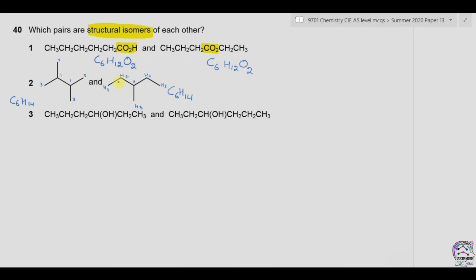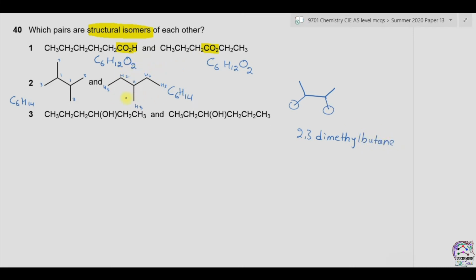Let's name both of these. The first one, the name should be this, and these are the methyl groups, so 2,3-dimethylbutane.